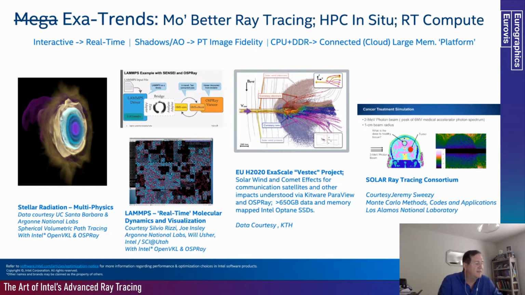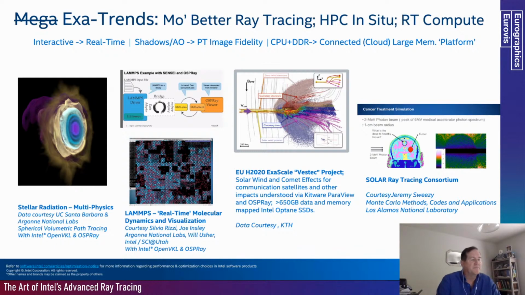So again, we have our friends at UC Santa Barbara and Argonne Labs utilizing ray tracing, and they have used this data set from basic rasterized or ray traced volume rendering, to this case where our Open VKL, Open Volume Kernel Library, now has the capability to do spherical volumetric path tracing to really get some stunning imagery, but also the ability to really get the nuances when this is operating.